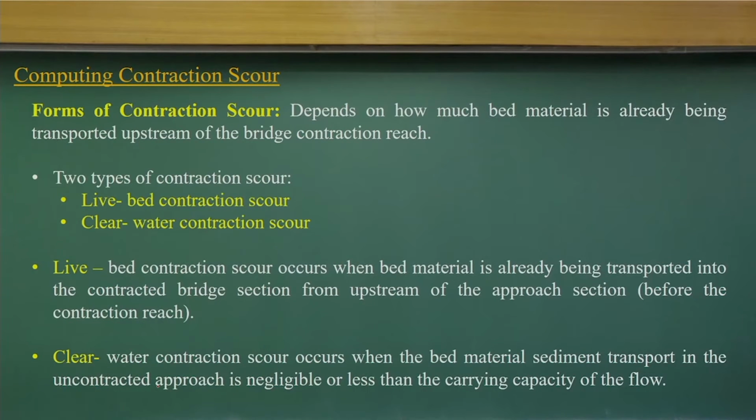Now if you look at contraction scour, as I discussed earlier, we have live bed contraction scour and clear water contraction scour. Live bed contraction scour occurs when bed material is already being transported into the contracted bridge section from upstream of the approach section.